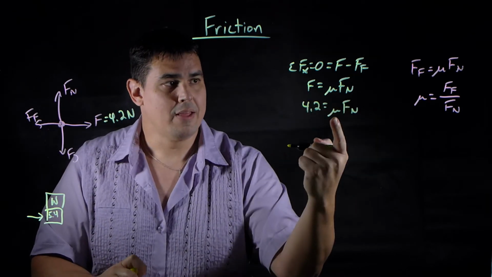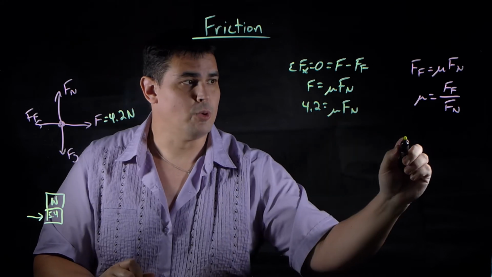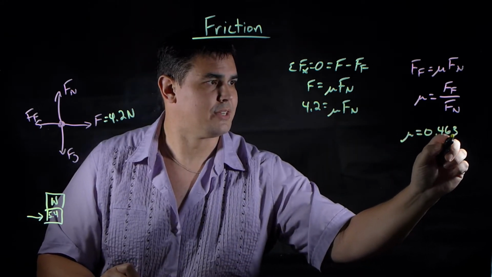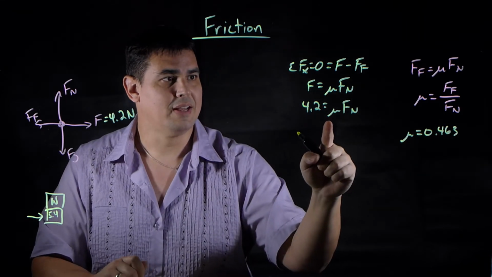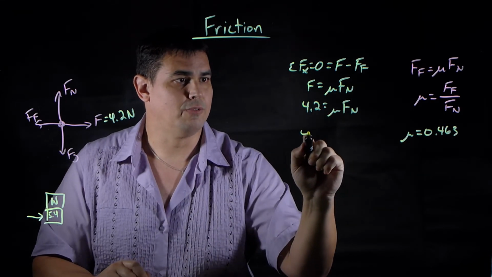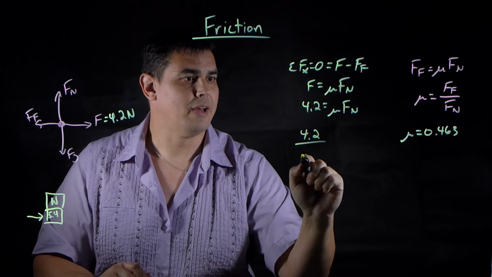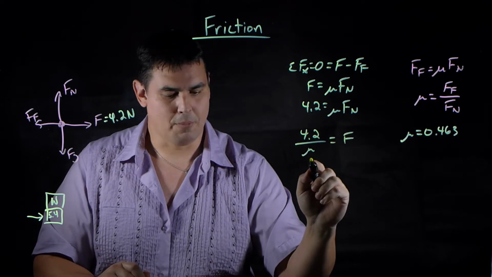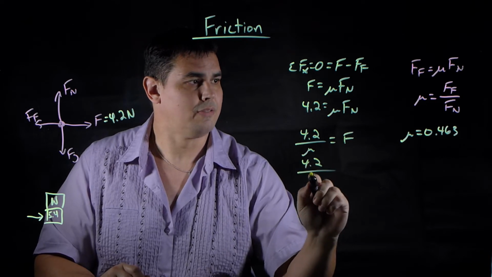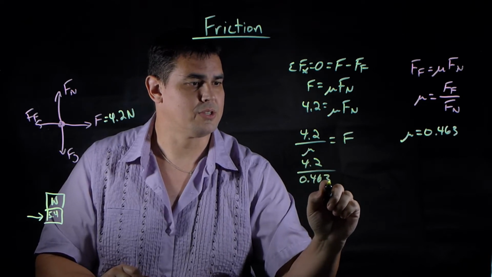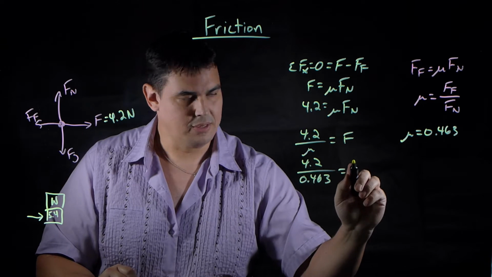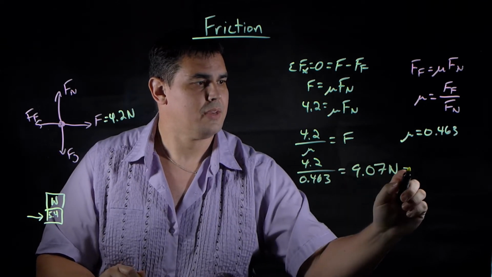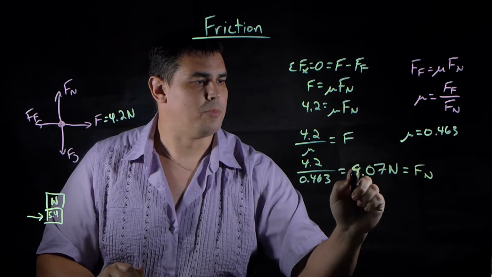And I know that my coefficient from the problem before was 0.463. So if I plug that in, I can divide over: 4.2 divided by mu equals my normal force. So 4.2 divided by 0.463 gives me 9.07 newtons. So that's my normal force.